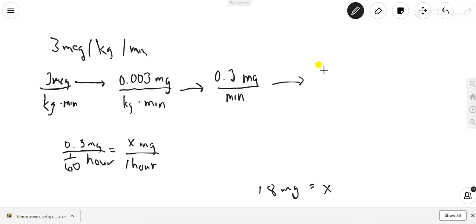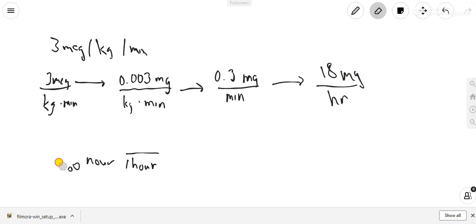So basically, what we did was just replace the bottom with hour, and then the top has to change to 18 milligrams in an hour because we have 0.3 milligrams in a minute. If we multiply that 60 times, we get 18 milligrams in an hour.